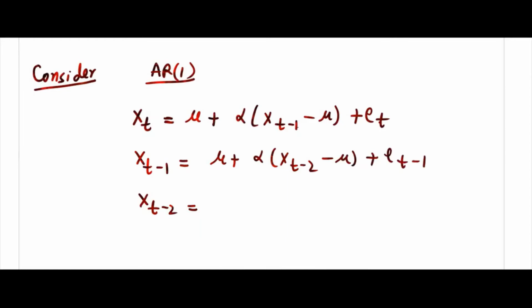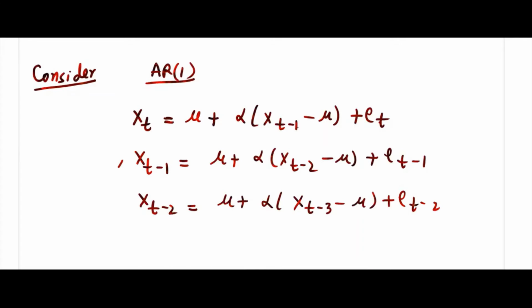If you find Xt minus 2, you will get Xt minus 3 here, minus mu plus et minus 2. So what you are doing is, you replace t by t minus 1, you will get this one.